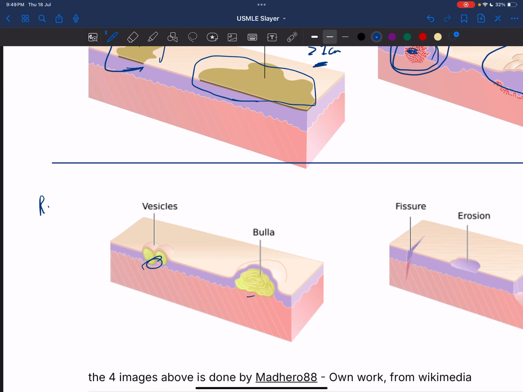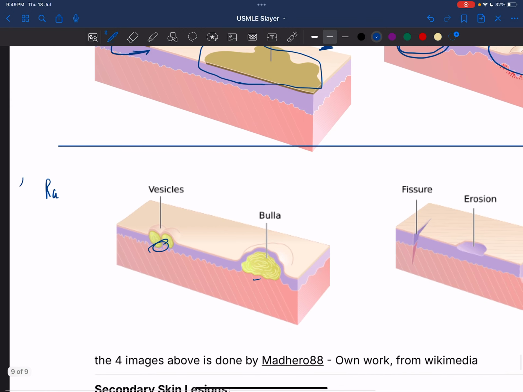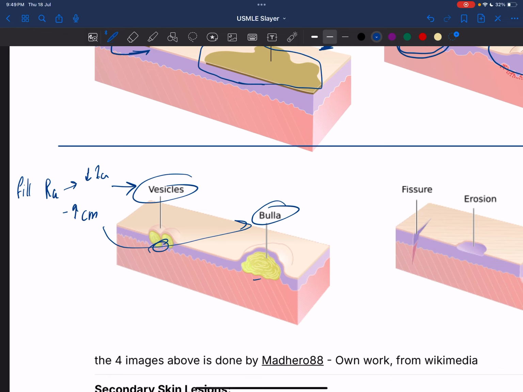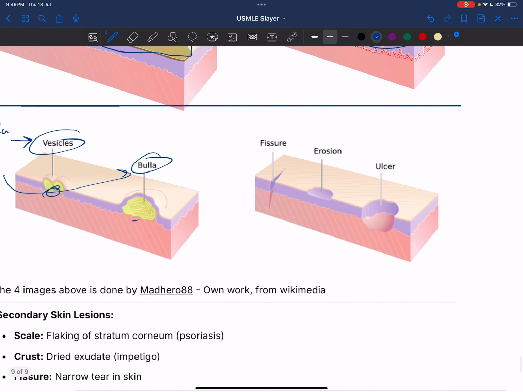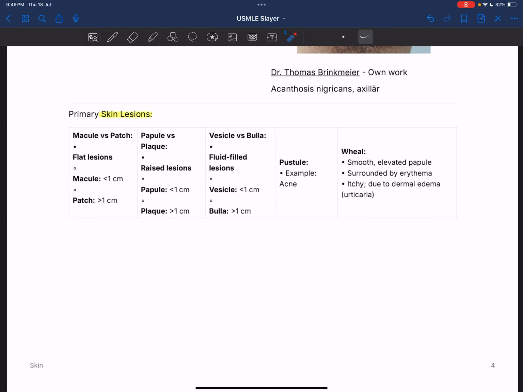So raised, we have the papule and plaque. In addition, for the fluid-filled raised ones, we have less than 1 centimeter, which is a vesicle, and more than 1 centimeter, which is a bulla.